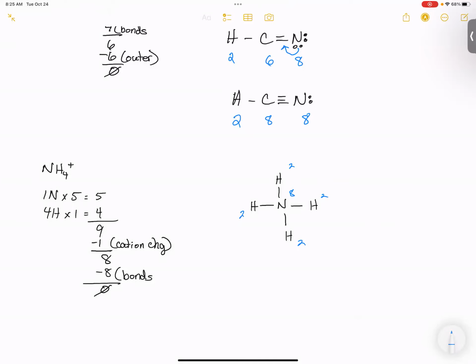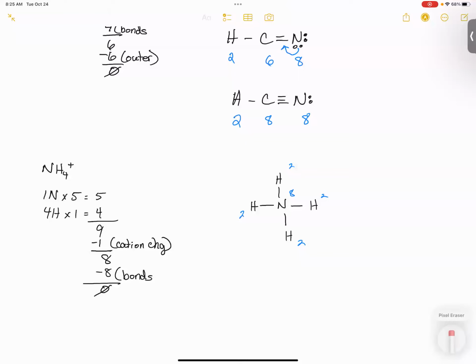So there is one more thing that you have to do, and I don't know if I wrote this in here. For some reason, it doesn't look like I wrote it in here.